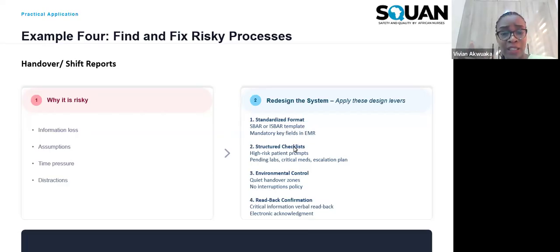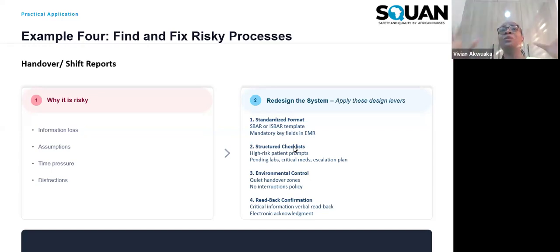So when we're talking about handoffs and shift reports, we need to standardize them. I talked earlier about using your ISBAR or SBAR templates. That way it's structured, and people remember what to document. They don't miss out any important information. Mandatory key fields in the EMR, I also gave that example earlier. Instead of chasing people to go and document the correct thing, set up the EMR in a way that they cannot leave that place without documenting the correct things, and also make it easy.